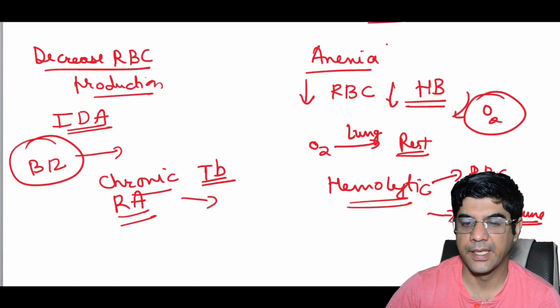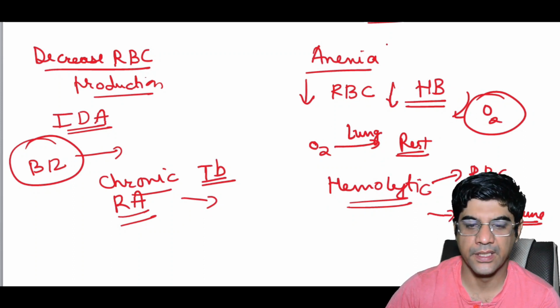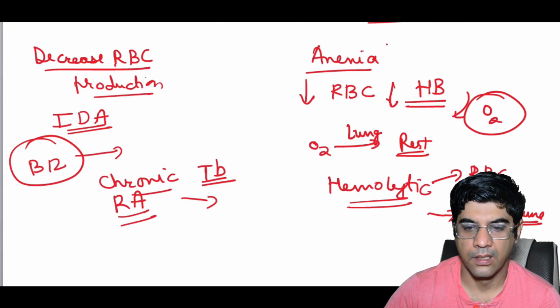Management depends on the specific type and cause of anemia, like iron supplements can be given for iron deficiency anemia, vitamin supplements can be given for megaloblastic anemia, and supportive measures like blood transfusion can be given in severe cases.